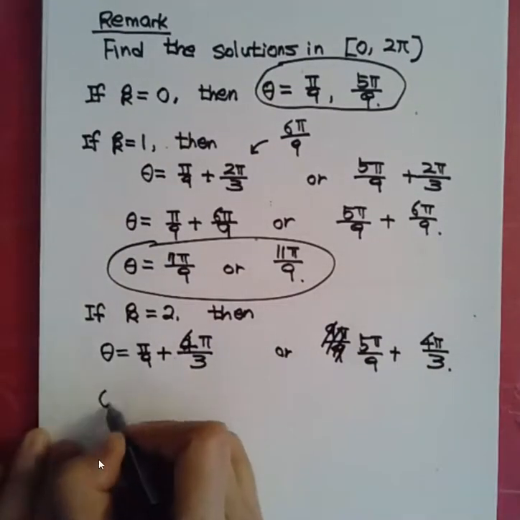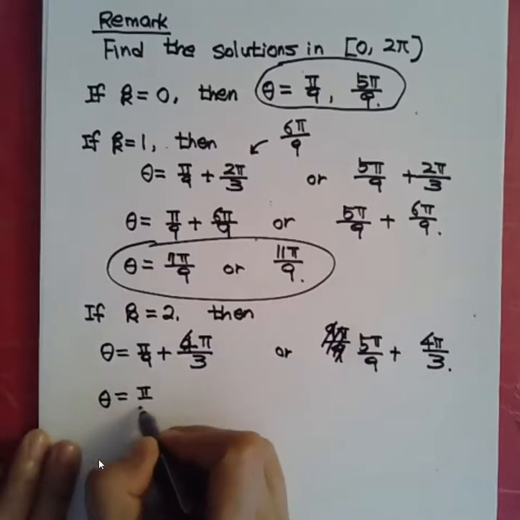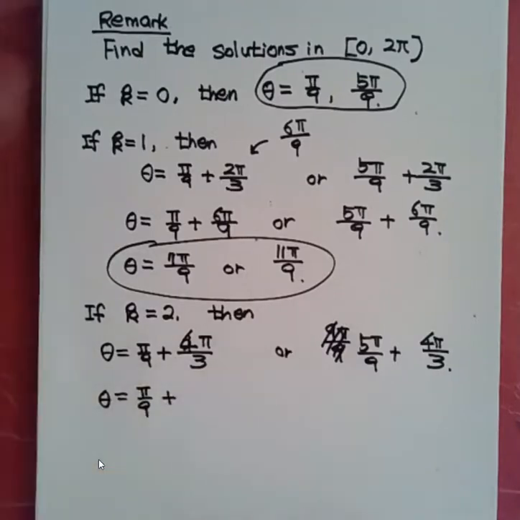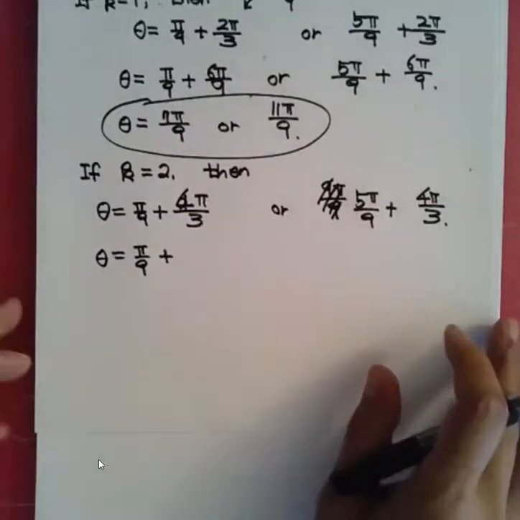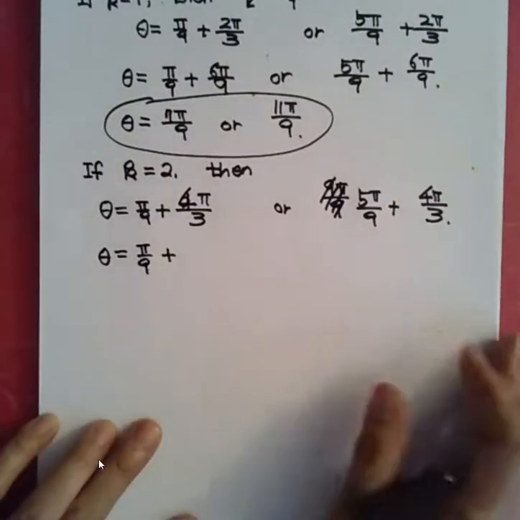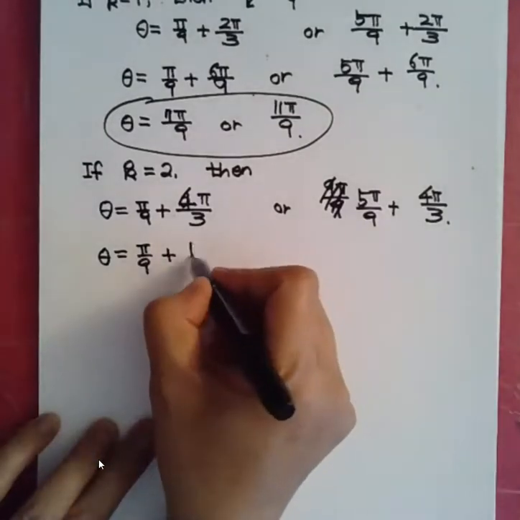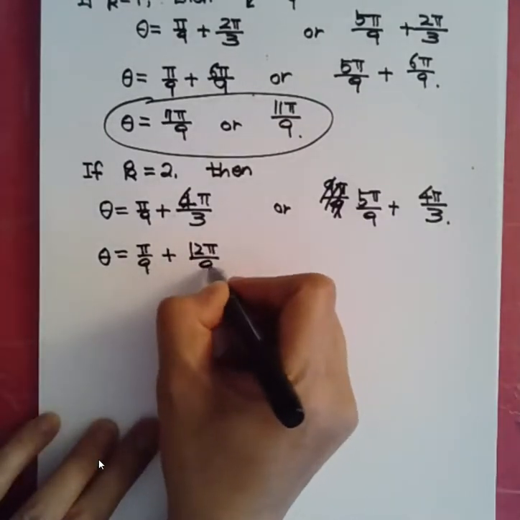So theta equals pi over 9 plus, if we think about the common denominator, then that will become 12 pi over 9.